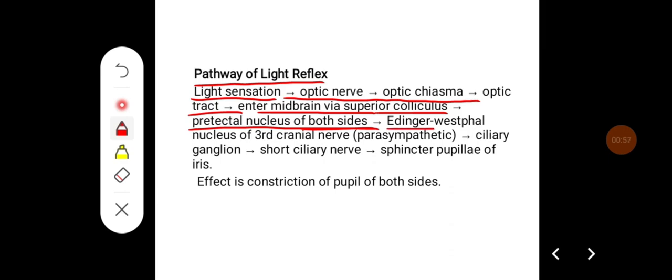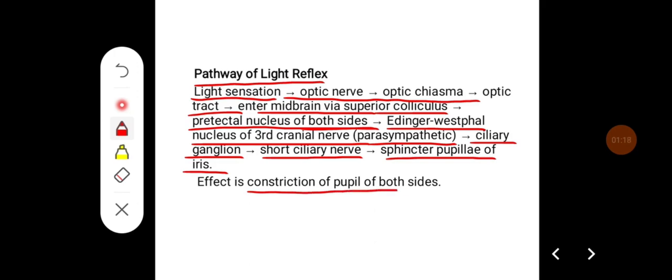Then they go to the Edinger Westphal nucleus of the third cranial nerve, which is a parasympathetic nerve. Then they go to the ciliary ganglion. From there, they form short ciliary nerves and they innervate sphincter pupillae of the iris, which causes the constriction of the pupil. And the effect will be the constriction of the pupil of both the sides.